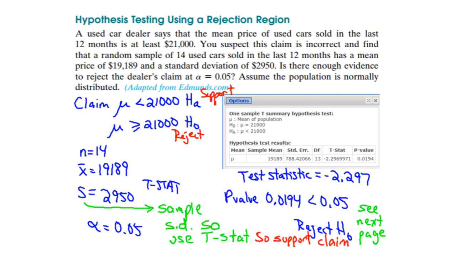All right, let's try a problem. So we have a used car dealer who says that the mean price of used cars sold in the last 12 months is at least $21,000. Okay, so at least 21,000.